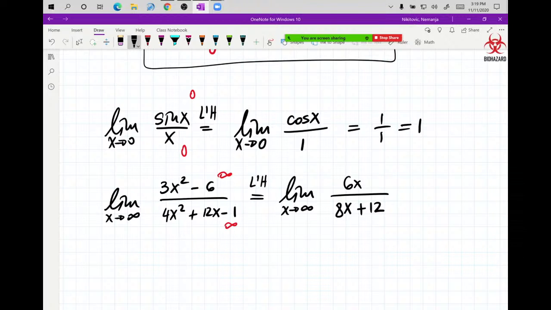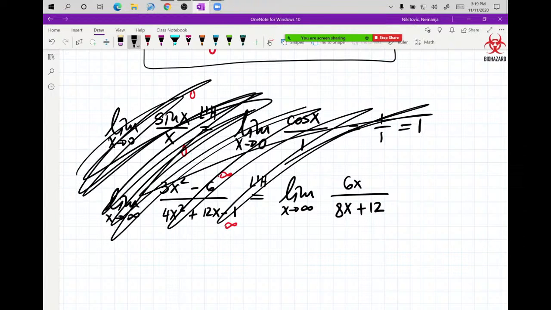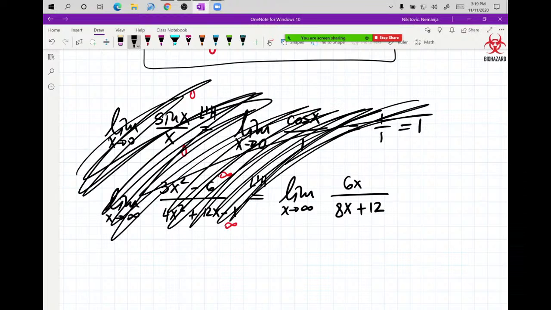If there was literally nothing else on the page, just this one problem, you would treat this as a completely new problem. You would say, okay, I'm plugging in infinity, and you get infinity over infinity again, which means hit it with L'Hopital again. And what you get is just 6 over 8, which is 3/4.